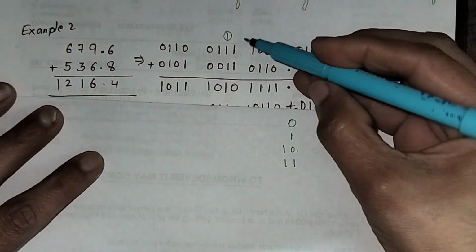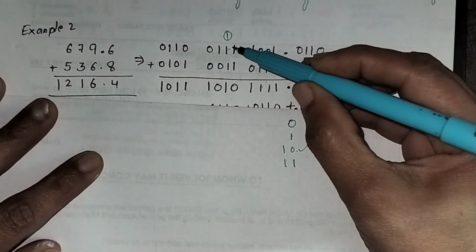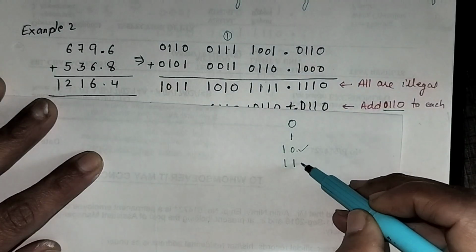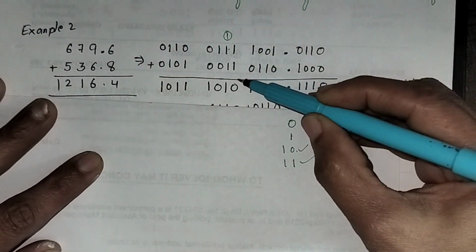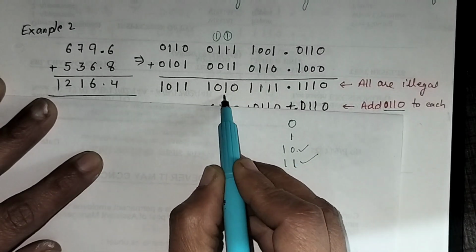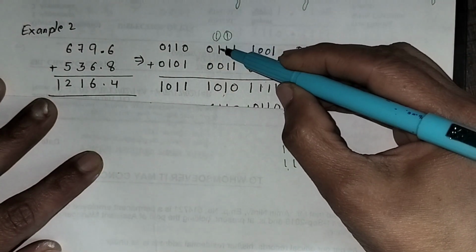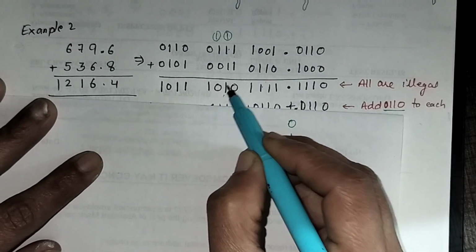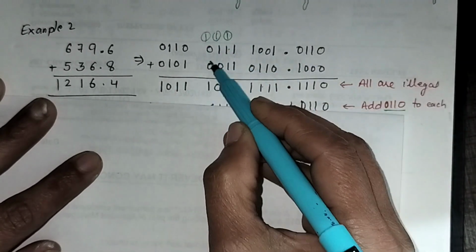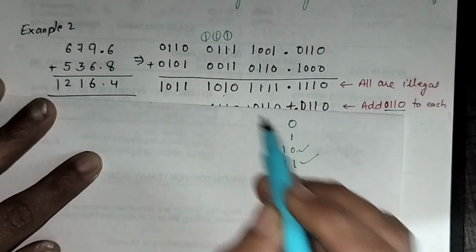Then see here, when we add this 1 to this 1, it becomes 10, and when we add one more here, it becomes 11. So 1 will be here and this 1 will be here and this 1 will be carried forward. So this 1 plus 1 will be 10, it is 0, and 1 will be carried forward. This will be added to this 0 and 0, so it will be 1 here.